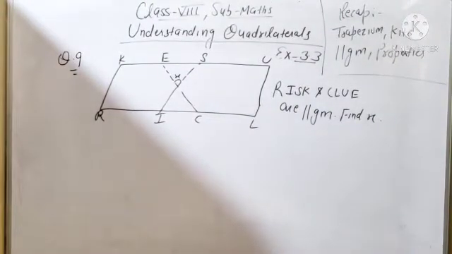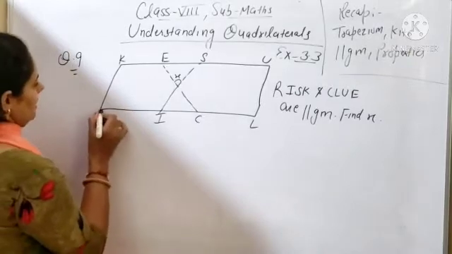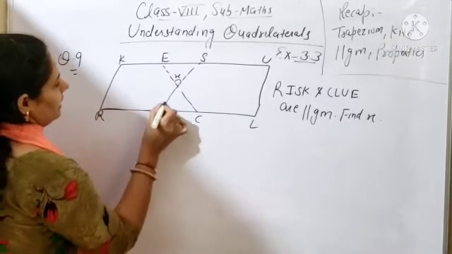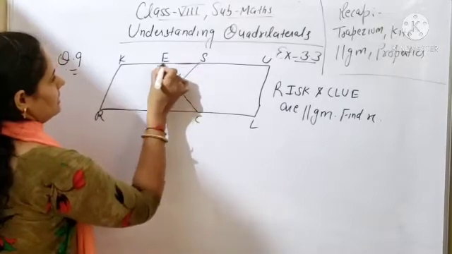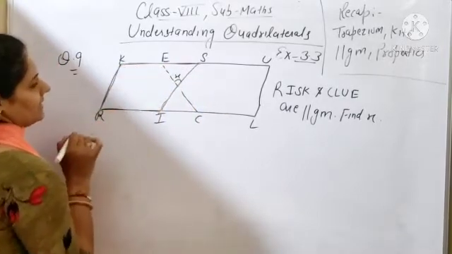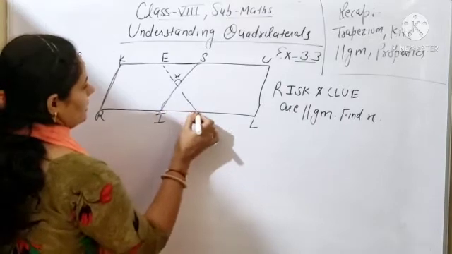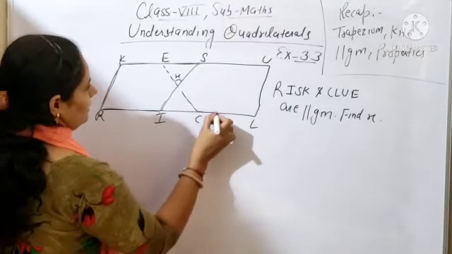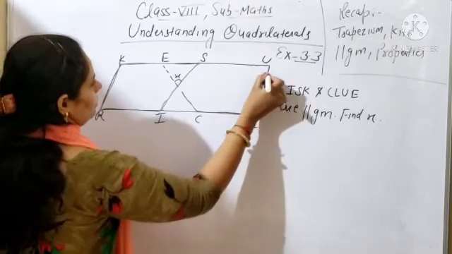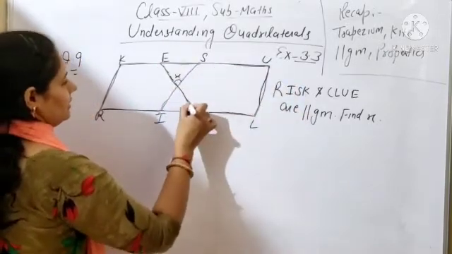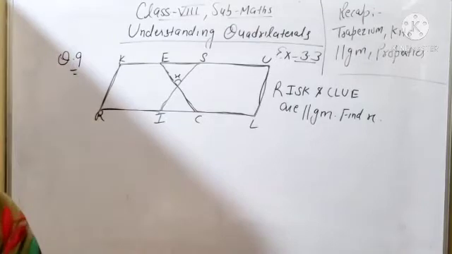So question number 9, it is given. What is given, beta, in this question? Simple. RISK and CLUE are parallelograms. So you have to find out the value of x. RISK, you can see, this one is a parallelogram, and CLUE, this one, is also a parallelogram. Here one angle is unknown, this is given x.